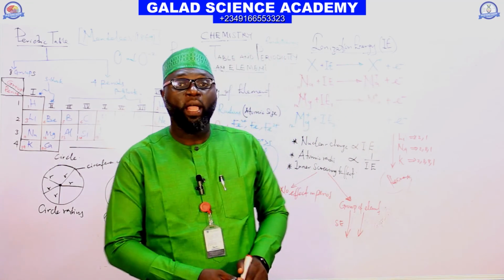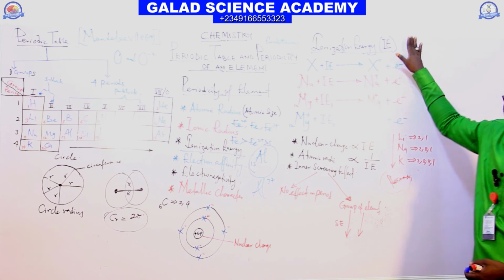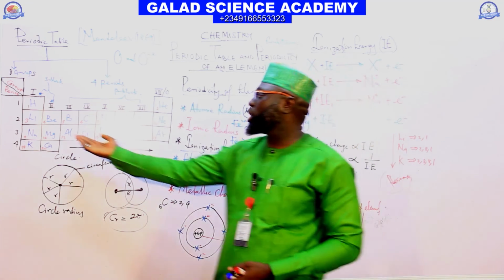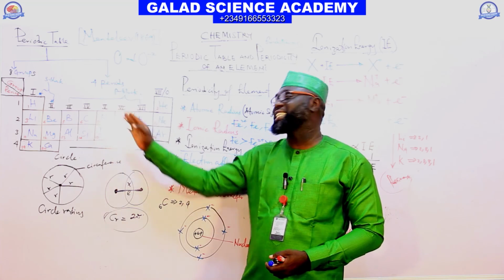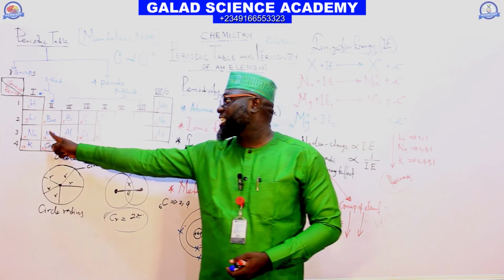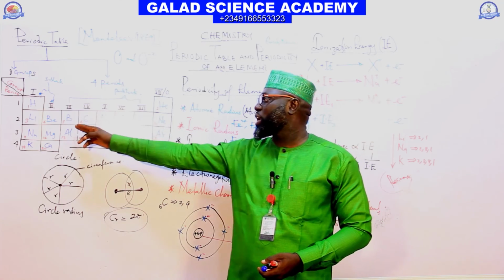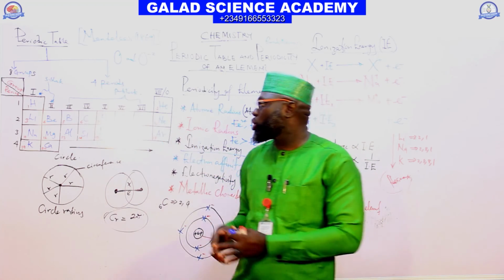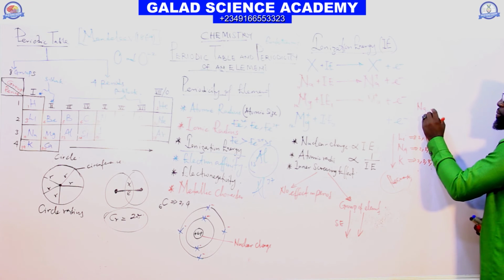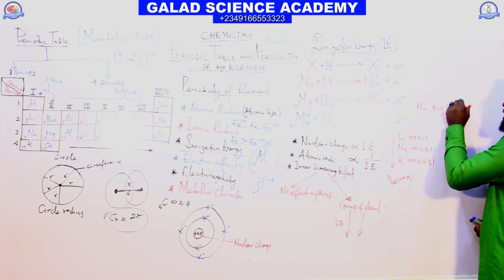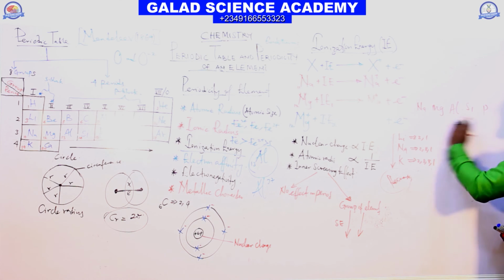And the next thing now is the variation of ionization energy across the period and down the group. The ionization energy across the period increases as the nuclear charge increases. So if you have sodium, magnesium, aluminium, silicon, phosphorus, they are in the same period.